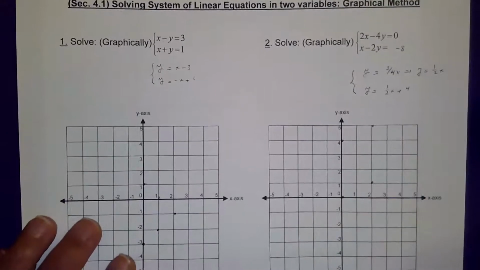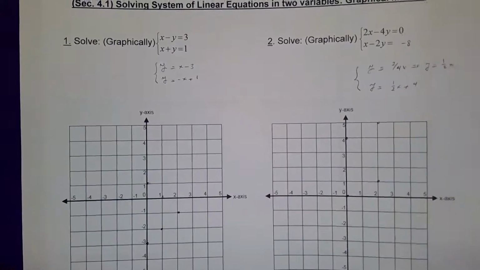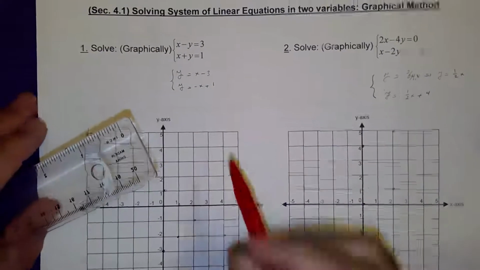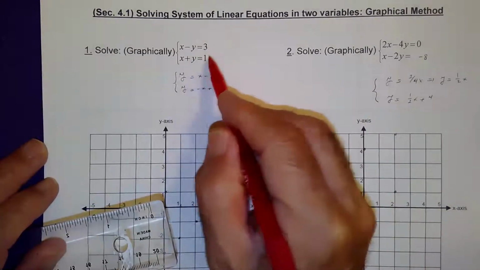What do you say we try solving a few systems of linear equations in two variables graphically. That means I have to graph these. Remember in the previous chapter 3, we learned the best way to graph a line is to put the equation in slope-intercept form and graph it. These are standard forms.